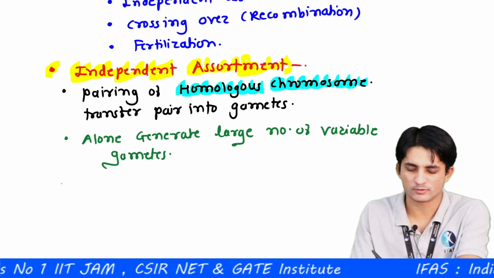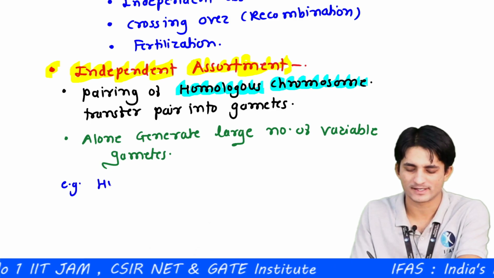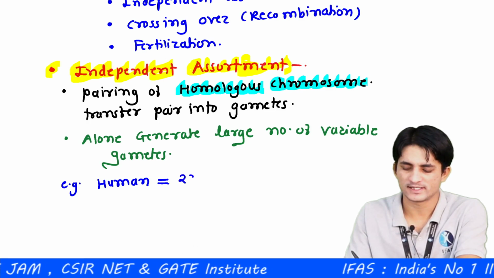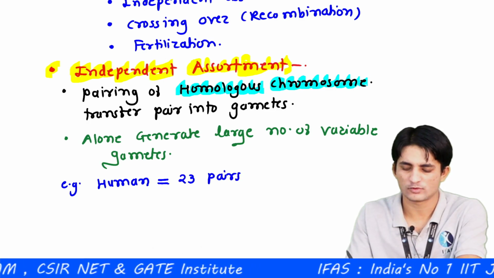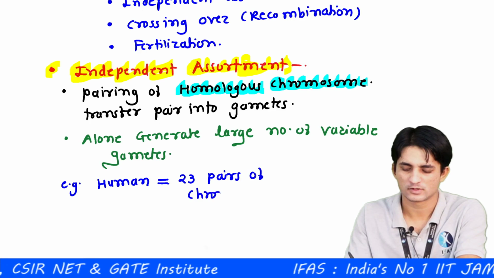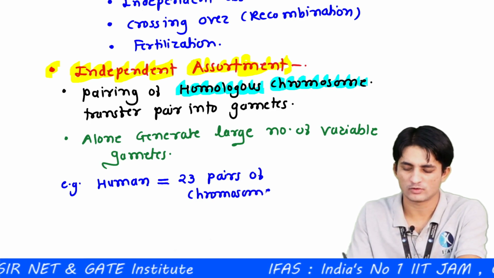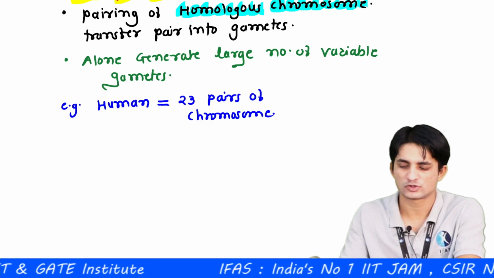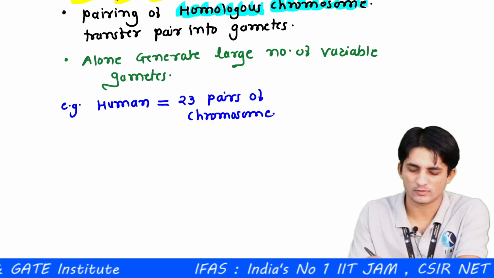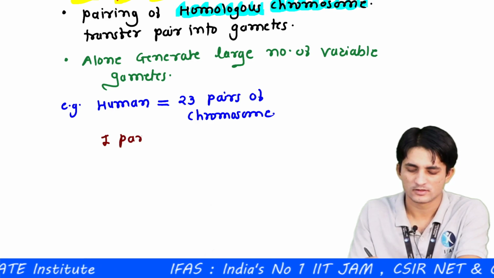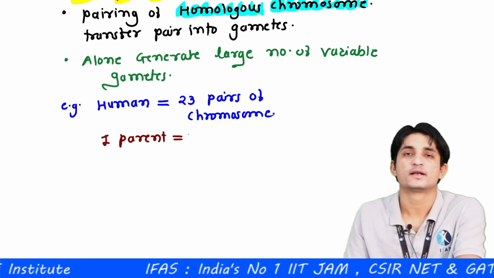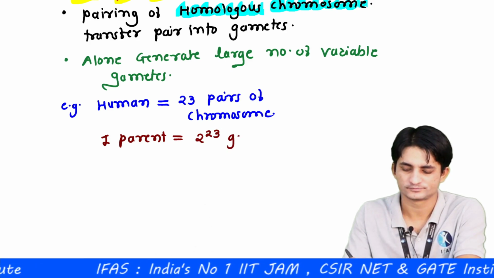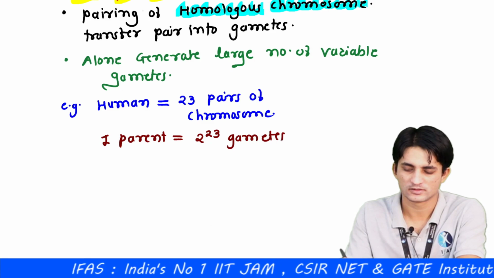Suppose, for example, in humans there are around 23 pairs of chromosomes, and in the diploid state one parent can produce 2 raised to 23 gametes.